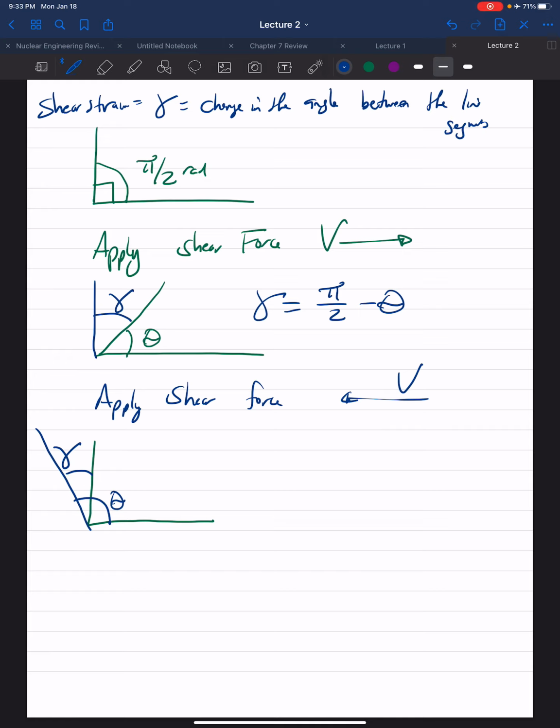So the gamma, once again, but in this case, it's negative. So if your theta is greater than pi over 2, then the shear strain is negative. Take a look at some problems.